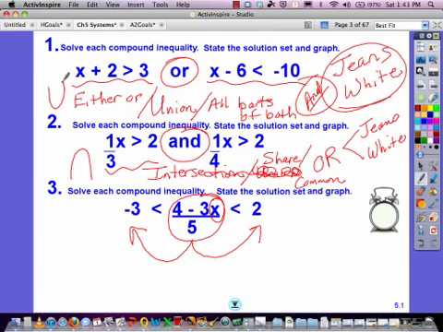So we have intersection, we have union, and then down here we'll talk about this one when we get there. But think about how you read this. If I'm going to do this middle one, I want the answers that are less than 2, and I want the answers that are greater than -3.